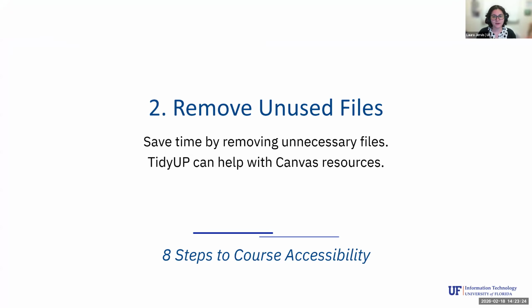It can mean that you're not sure what you need to remediate and what you don't because you don't remember, is this linked anywhere? Can students even see it? You might have a department that is concerned with the Ally score overall. So in all of those cases, you might be able to save yourself time by removing files that you're not using from the course.